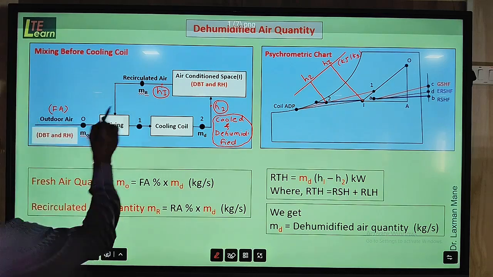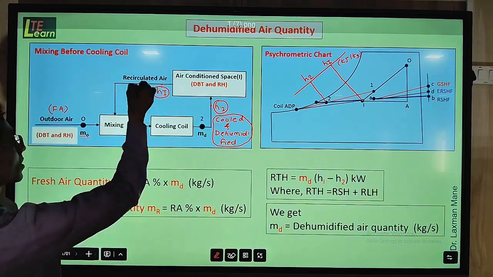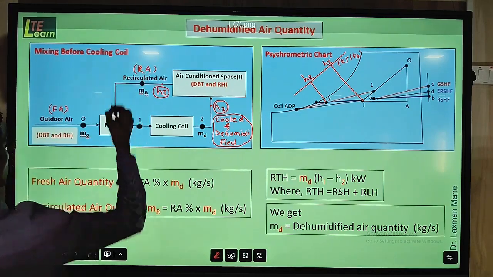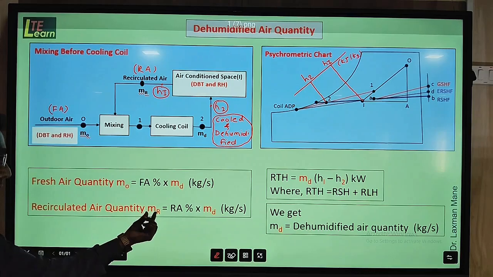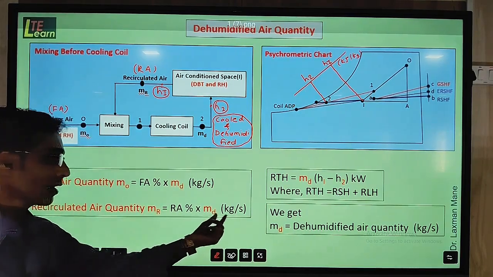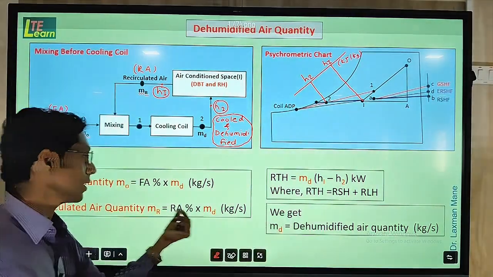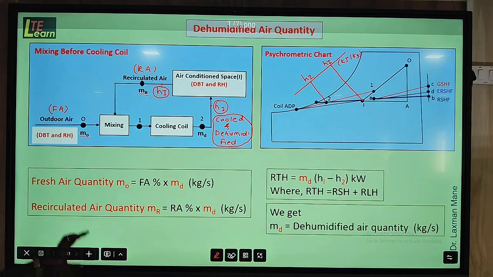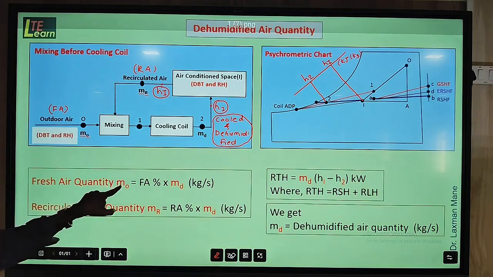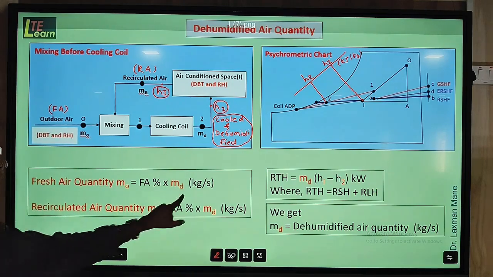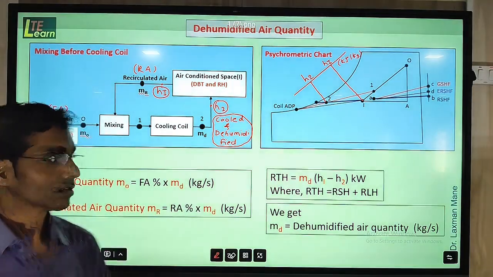Similarly, we calculate the return air or recirculated air, that is m dot r, by multiplying the dehumidified air quantity with the return air percentage given in the numerical. So we find the fresh air quantity m dot o and the recirculated air quantity m dot r in kilogram per second.